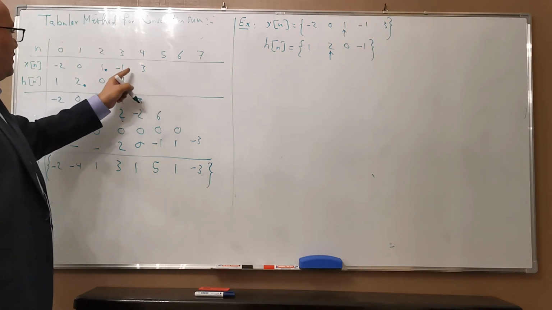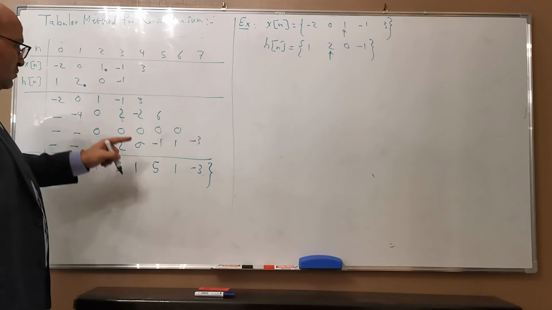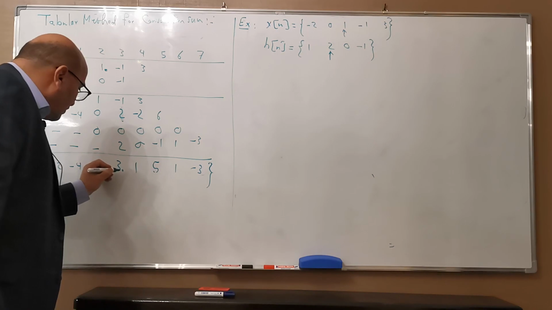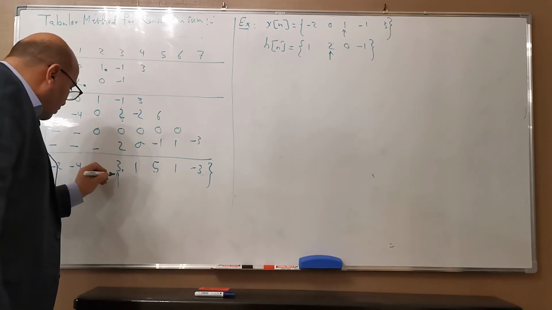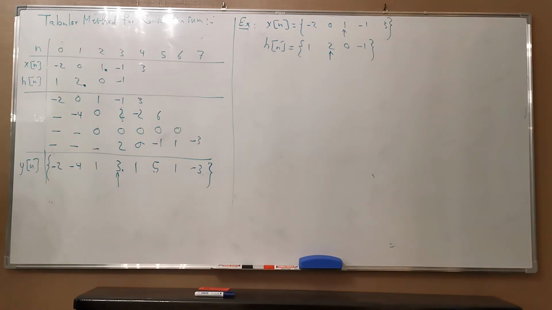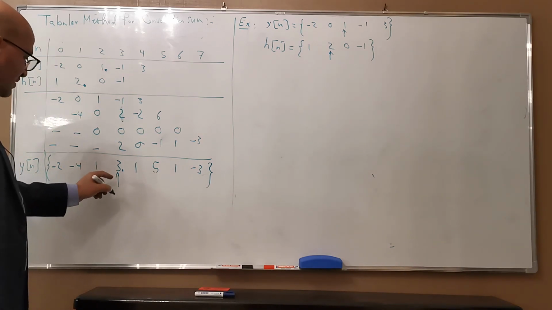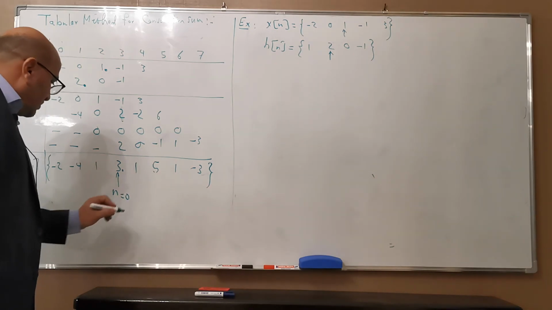So you have 1, 2, 3, 4. And you have to have a decimal point here, but we will replace it with an arrow. So this is our resultant. You will have y of n equal to this, and this is your n equals 0.